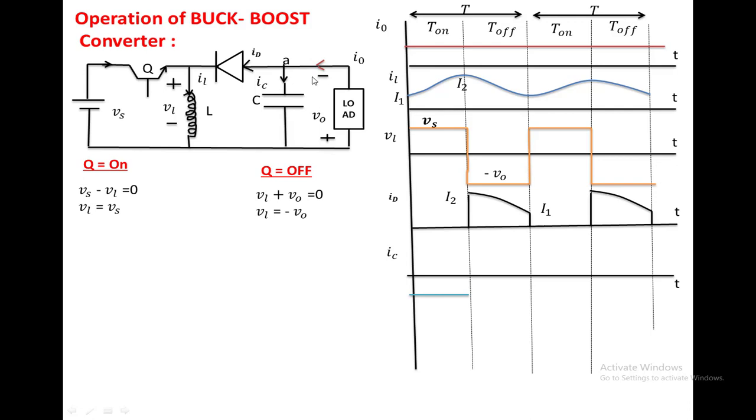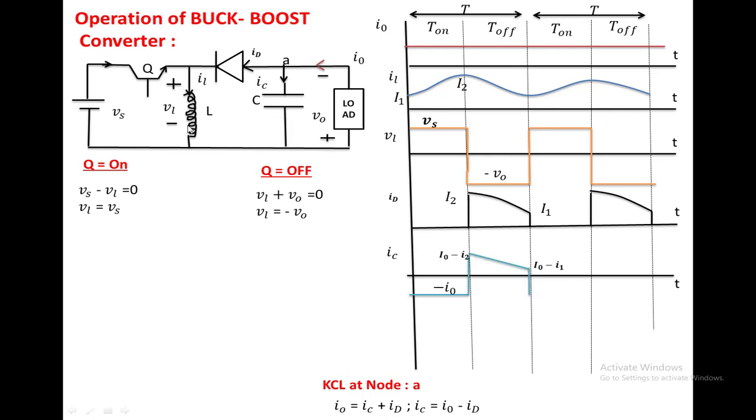So I0 equals IC plus ID in this interval. The capacitor current IC equals I0 minus ID. We know the waveform for I0, and ID also we know. So at this point the current is I0 minus I2, and at this point the current becomes I0 minus I1.